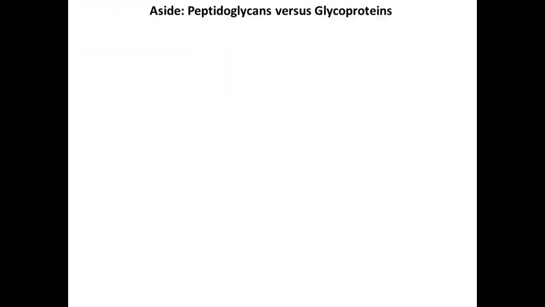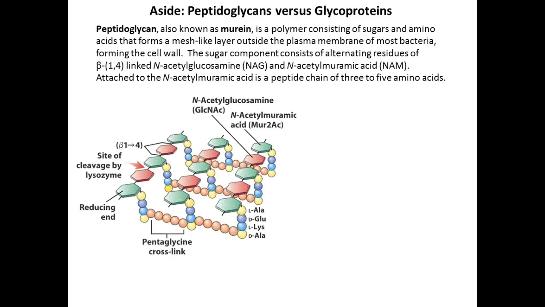So peptidoglycan, also known as murein, is made up of two sugars, N-acetylmuramic acid and N-acetylglucosamine. These alternate, and this creates a mesh over the entire surface of the three-dimensional cell. Each layer is then hooked together by amino acids.